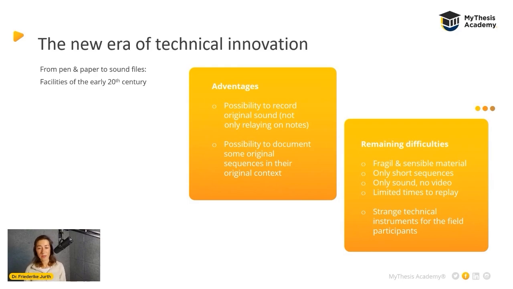On the other hand, there are still some difficulties left. First, the material, like the Edison phonograph and also the wax cylinders, were very sensitive and very fragile. The journeys and travels were hard, and there were challenges with the weather, for example, with climatic changes and so on.